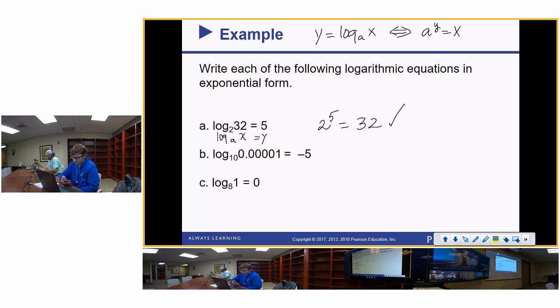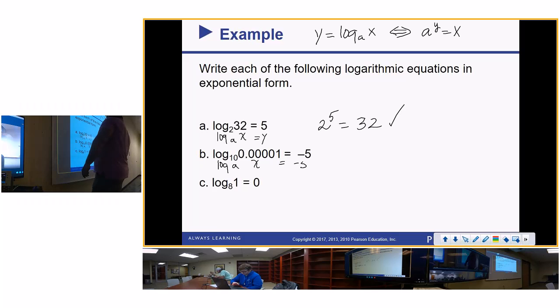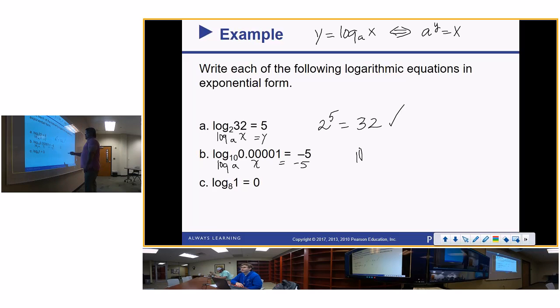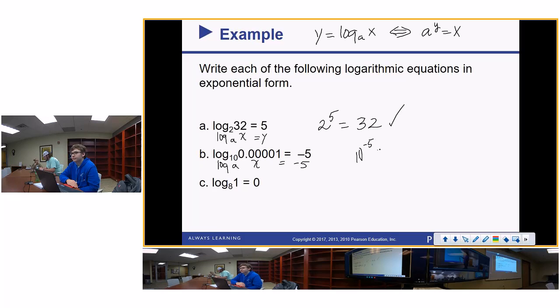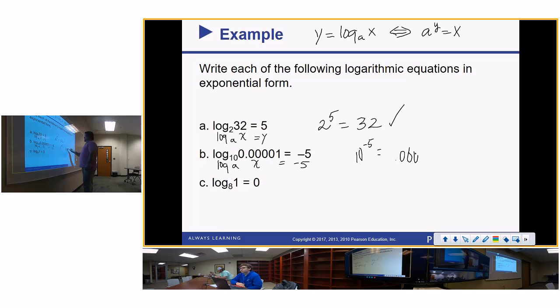Okay. So log base a of x is equal to -5. So what is a? 10 to the what? -5th is equal to 0.00001.